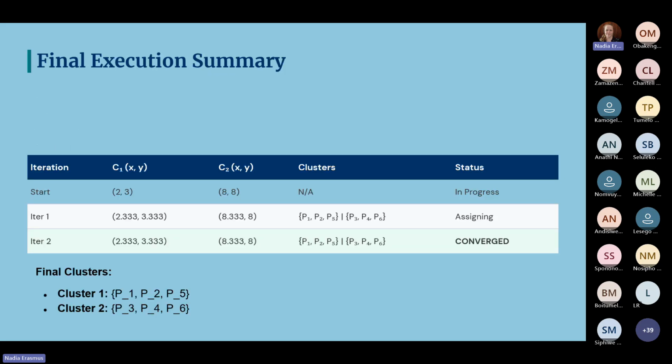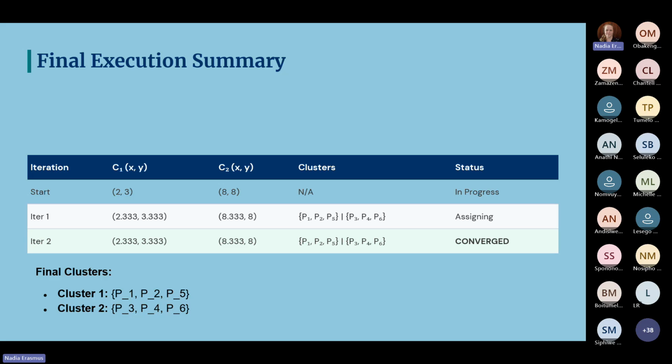Okay, so it was summarized here: you started with your centroid values, you grouped all of your points close to these two centroids, you recalculated by getting the mean, the average of the points' x's and y's, to get your new centroid values.